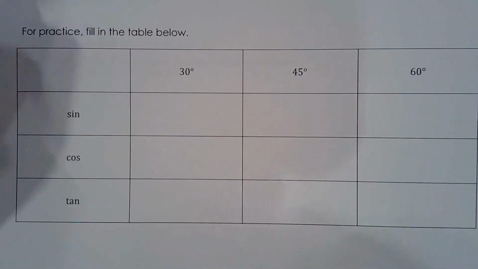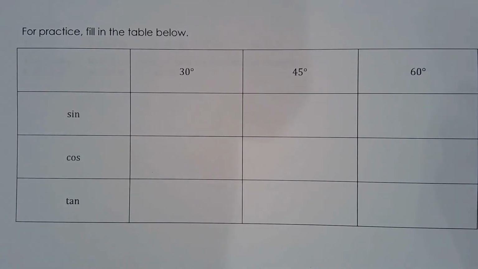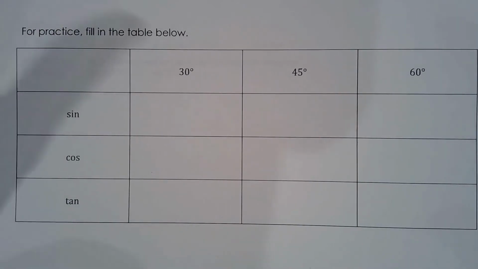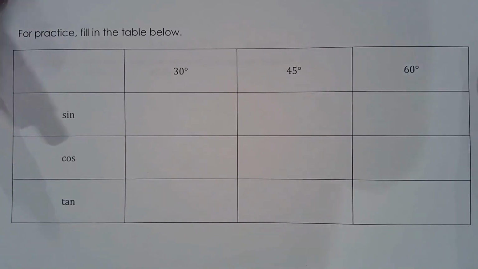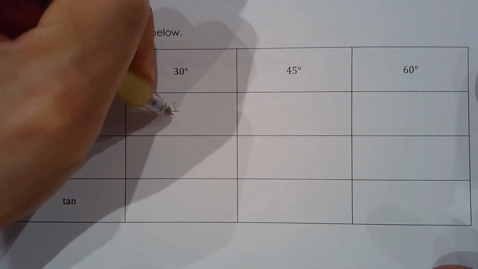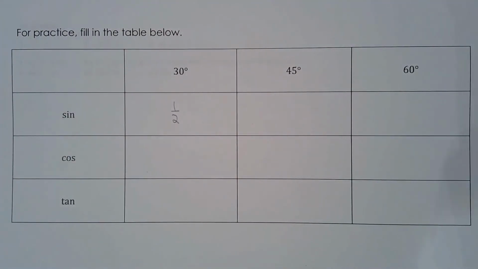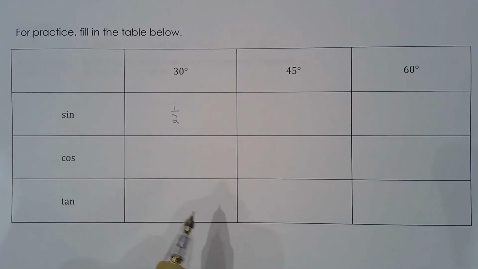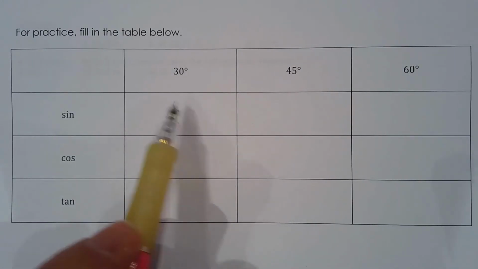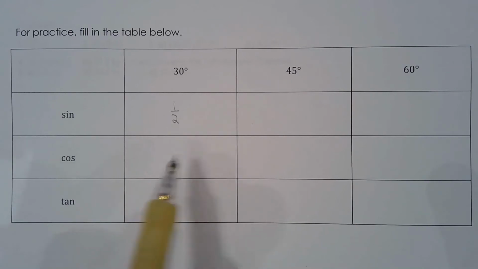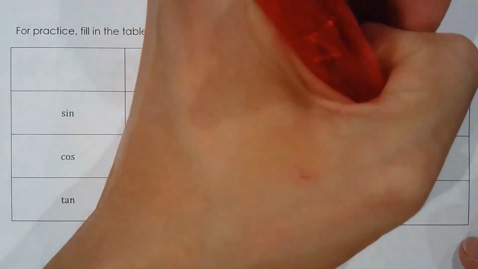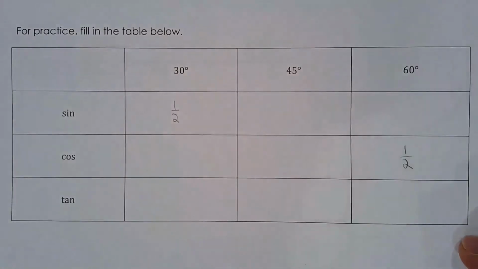So I'm going to fill in the table, and this is what you should refer to in order to help you memorize it. I'll give you some little tips to help you memorize the ratios of the special angles. Sine 30 degrees is half. So the way I'm going to fill it out is to help you memorize it. If sine 30 degrees is half, I know that cos 60 degrees is half. I'll explain how I know in a second.